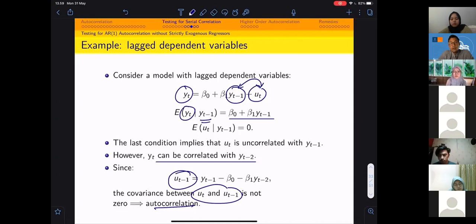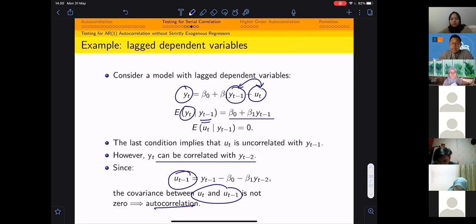One of the direct consequences of regressing y_t on y_{t-1} is that there is going to be serial correlation. Even without testing, by design, you're going to have serial correlation in your model.